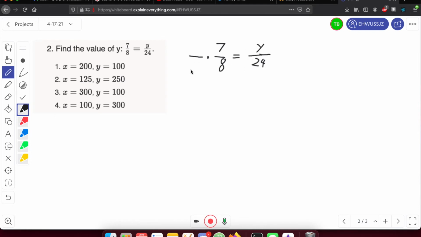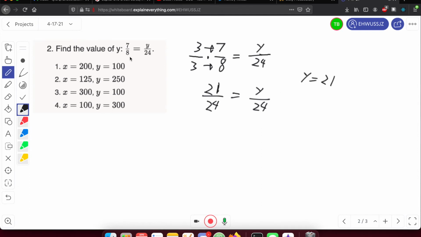But if we multiply the top and the bottom of 7/8 by 3, we get 24 on the bottom. So 3 times 7 is 21, over 3 times 8 is 24, and this is equal to y over 24. Since 21 over 24 is equal to y over 24, 21 must correspond to y, so y is equal to 21 in this case.